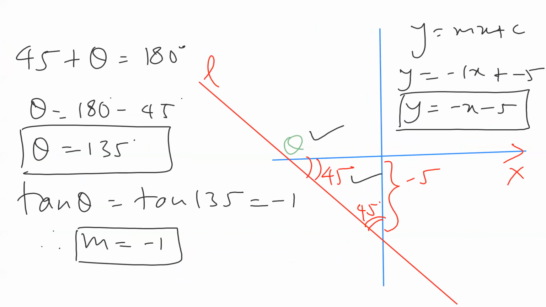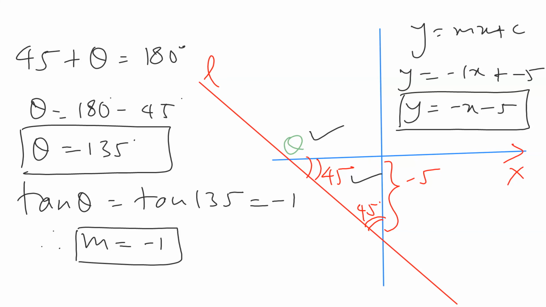The other possibility, the y-intercept is negative, but then the line can be drawn in this way also, and it is equally inclined. That means the angle which it makes with the x-axis and y-axis is the same. If this is 90, then obviously the other two will be 45 and 45, equal inclination. So I've completed the entire first problem.